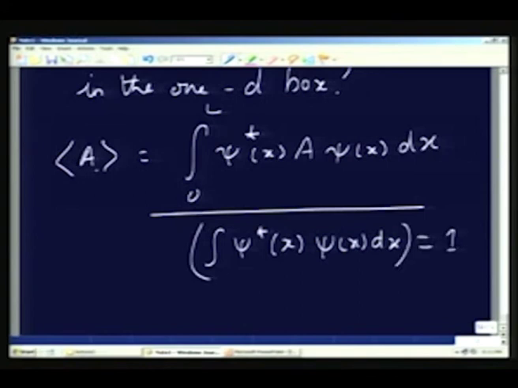So, when you talk about the average value for the energy, what is the operator that you want to use? You have to use the Hamiltonian operator. The operator associated with the momentum is minus i h bar d by dx. The operator associated with the energy is, of course, the Hamiltonian. The operator associated with position is x.